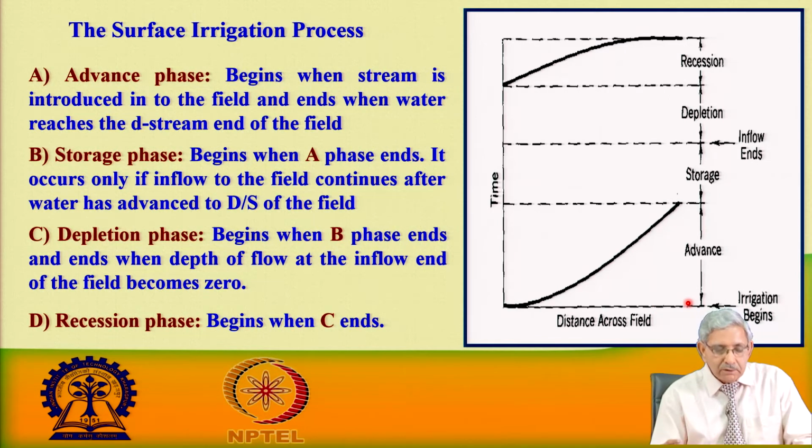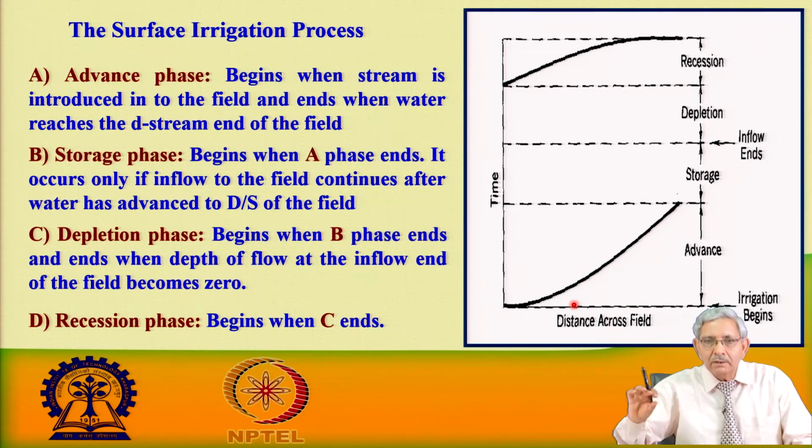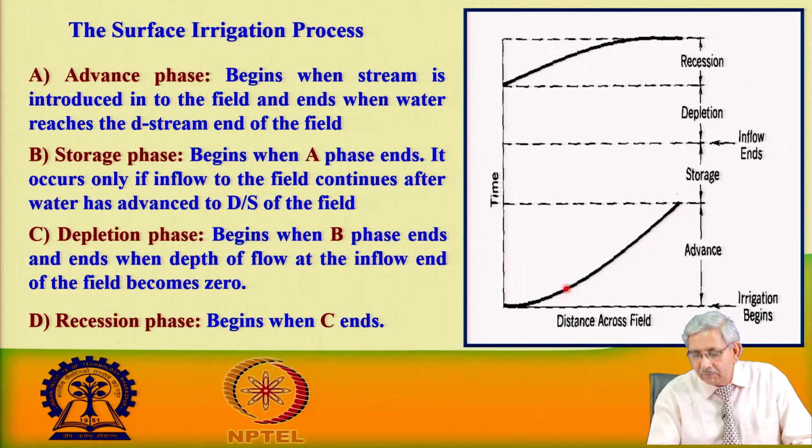The storage phase means the build up of water level in the basin, the furrow, or the border will continue. What we are seeing when plotting the waterfront diagram is that this kind of advance curve will develop, and when you continue this water supply, the depth of water will increase, and then there will be the storage phase.